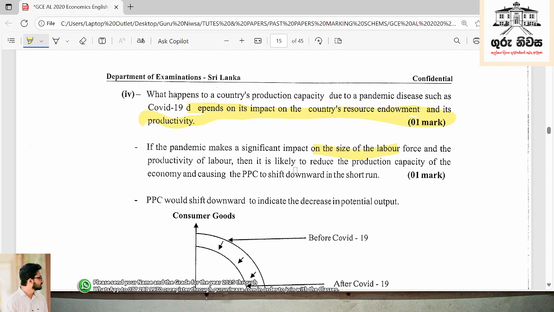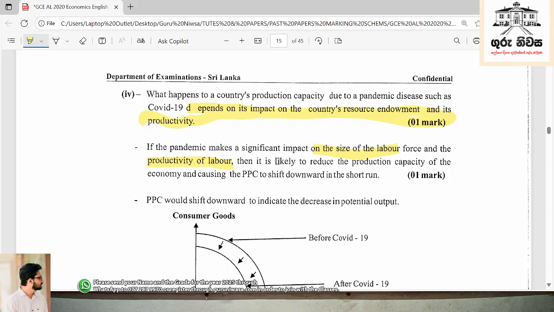People died and some people migrated to other countries, especially the labor force. On the size of the labor force and the productivity of labor, especially productivity of labor, this gets affected in a negative way. Then it is likely to reduce production capacity.